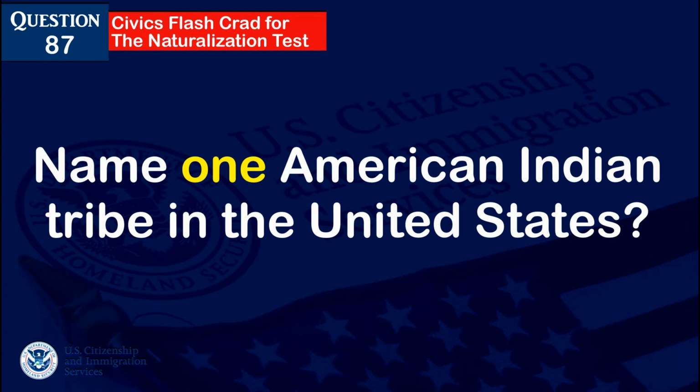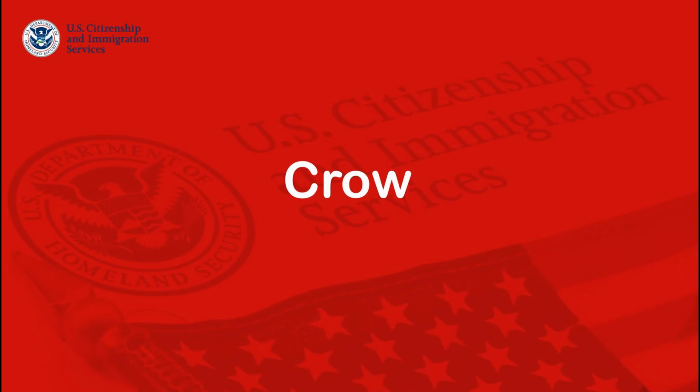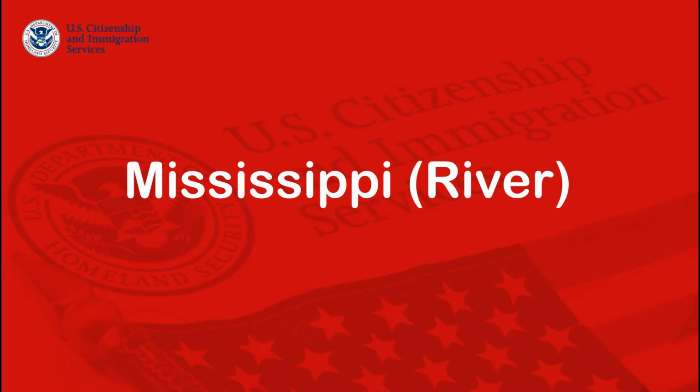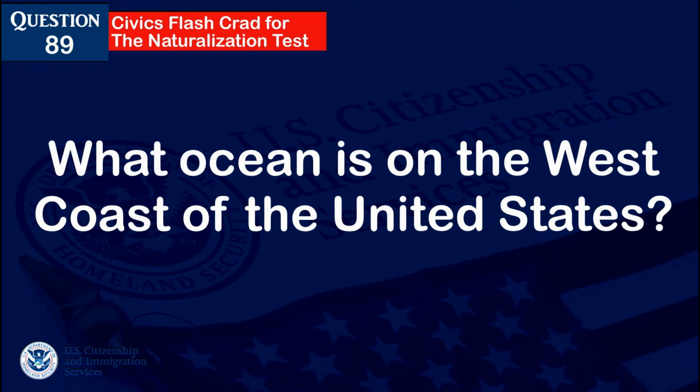Name one American Indian tribe in the United States. Crow. Name one of the two longest rivers in the United States. Mississippi. What ocean is on the west coast of the United States?